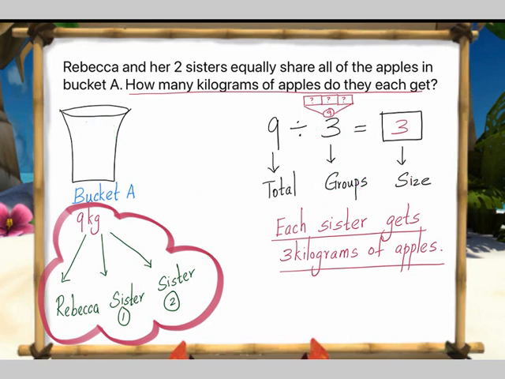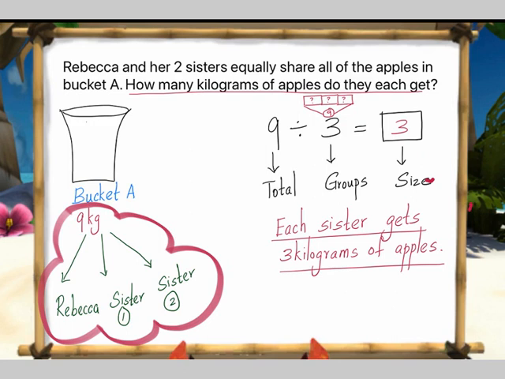What we have to find here is the size, or how many kilograms each person gets. That's the size. Okay, so let us do the division equation. The division equation is 9 divided by 3 equals what? We know that 9 divided by 3 equals 3. And a tape diagram is given here. So we don't know the size and the total is 9. Okay.